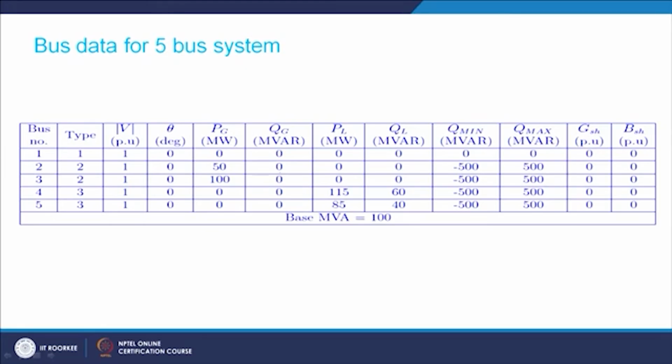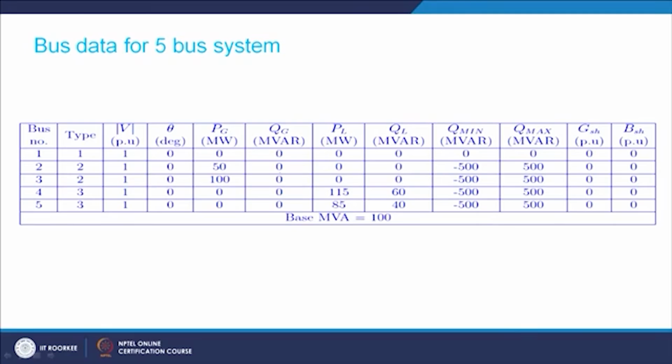So, in per unit this PG for bus 2 would be 0.5, and for bus 3 PG would be 1 per unit, and for bus 4 PL would be 1.15. So, the injected real power at bus 4 would be minus 1.15 pu.